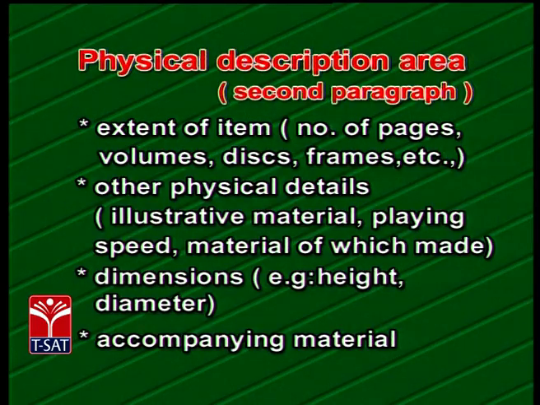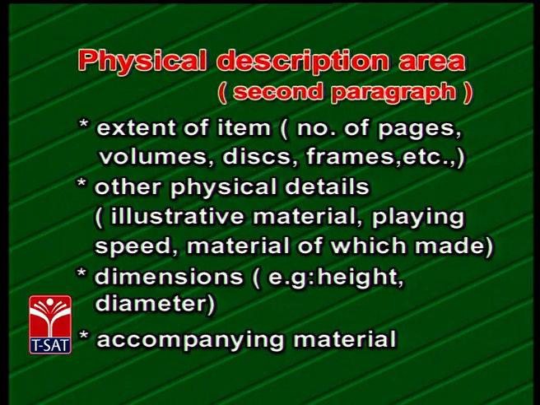And after the publication and distribution area, the third area is the physical description area. In the physical description area, first the extent of item details will be given. Here the information regarding the number of pages or number of volumes, number of discs or number of frames will be given. And after the extent of item, the information regarding the other physical details will be given.